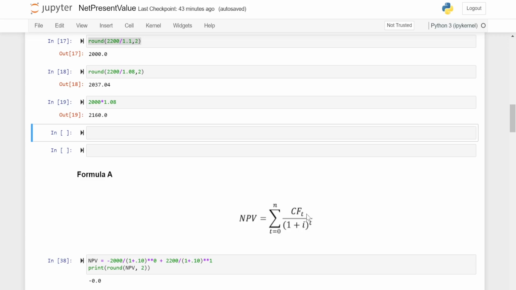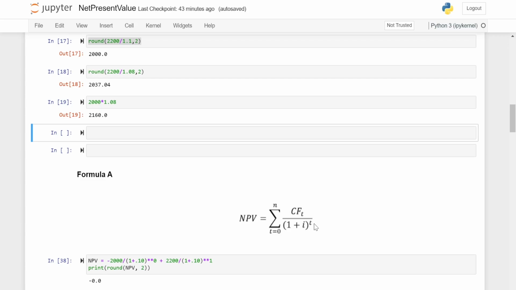And period T will be what? 0. Okay. Divided by 1 plus I. What is this I? This I is the risk-free interest rate. And again, raised to the power T. Again, what is that? Period. Period 0, period 1.